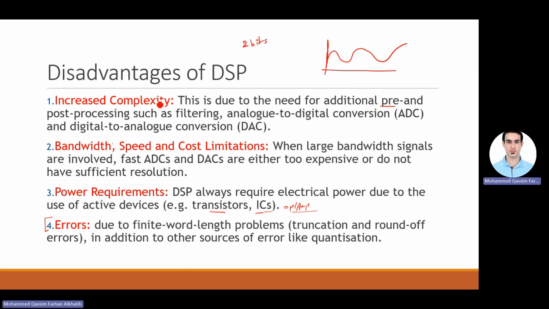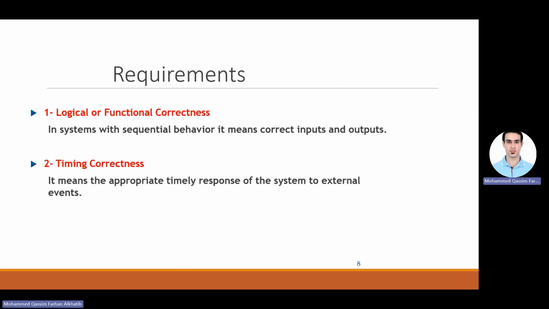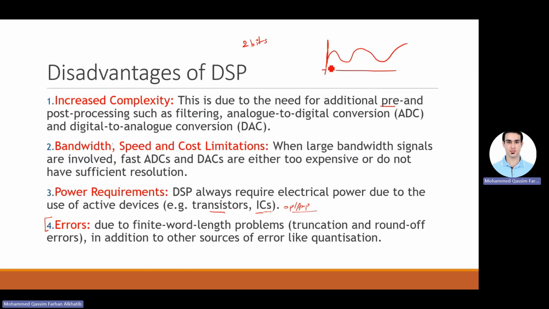Now, how many values can I get with 2 bits? 2 to the power 2, that's 4. So let's assume this is my first level, second level, third level, fourth level. And I can only approximate to these levels.